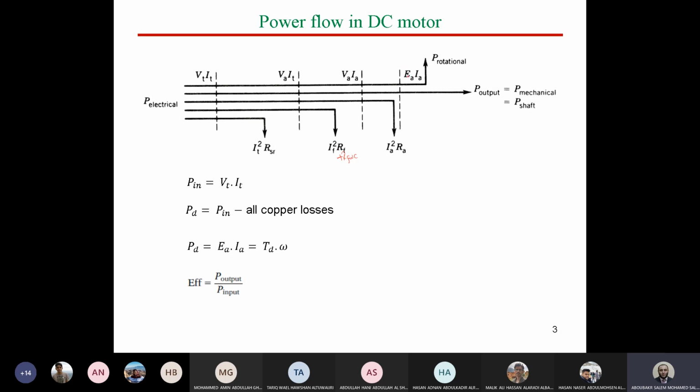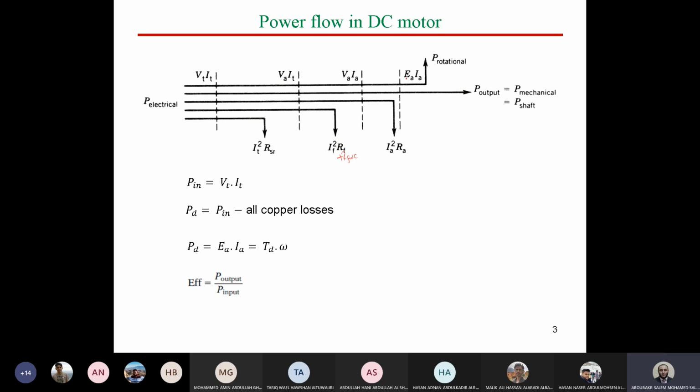Of course, I think we don't need to discuss DC motors from scratch, because you are already familiar with DC motors and discussed them in more detail in previous courses, such as how the motor starts and how the motor works, which means the principle of operation of the DC motor.